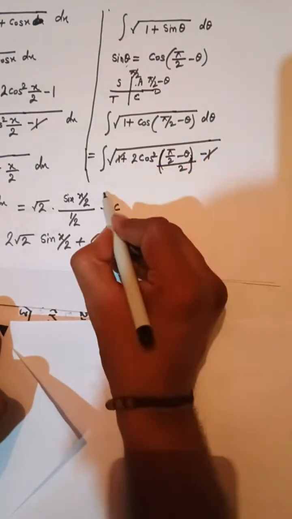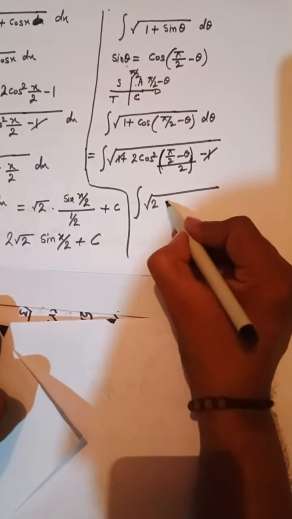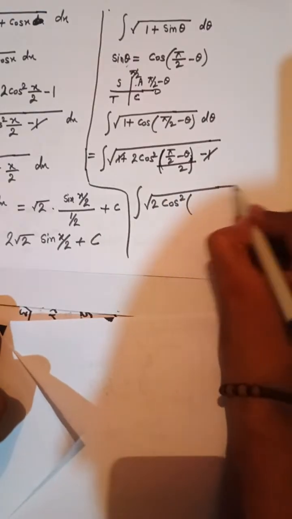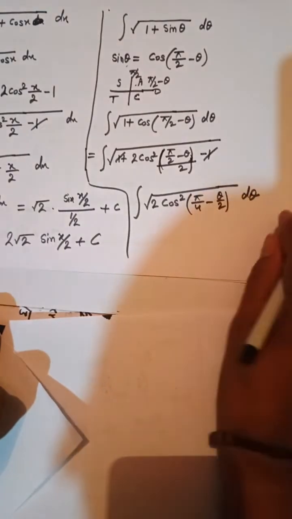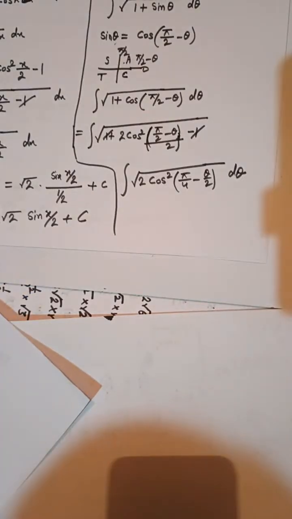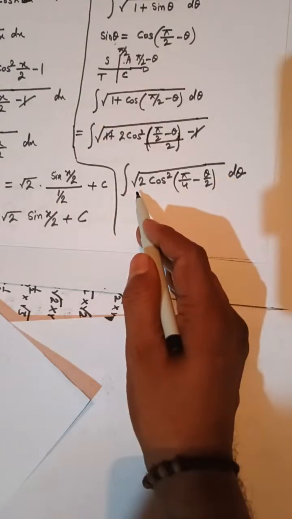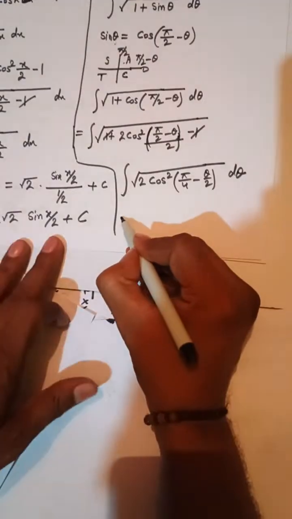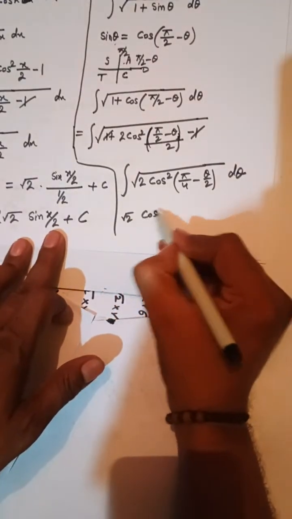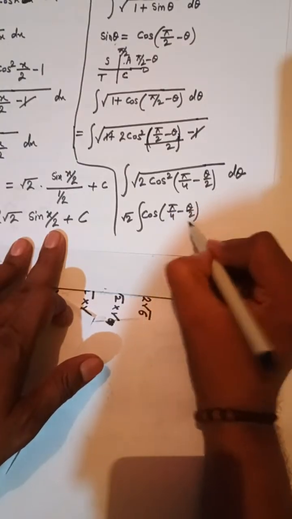The 1 and minus 1 cancel, so we have integration of root under 2 cos square of pi by 4 minus theta by 2, d theta. Root 2 will come out and the square root cancels the square, so we have root 2 integration of cos of pi by 4 minus theta by 2 d theta.